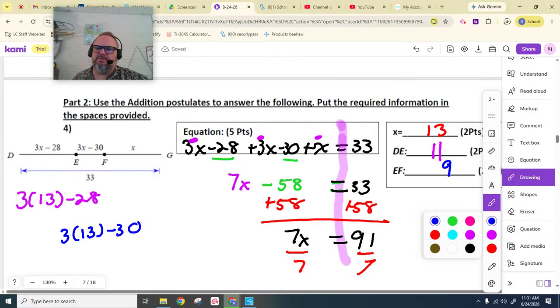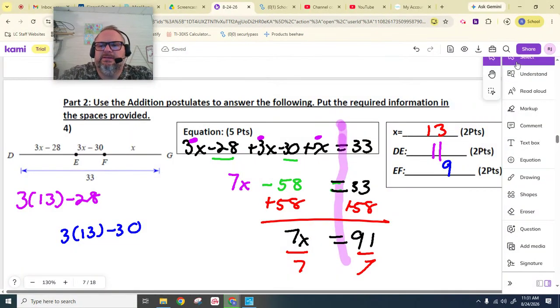Now if we add up 13, 11, and 9, we should get 33. Unfortunately, as of right now, that's the only one I could find like that I liked. Might have another problem where you don't have to draw it. Who knows? Any big issues on number 4?